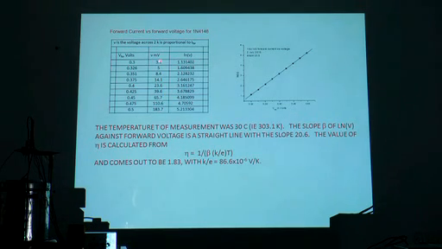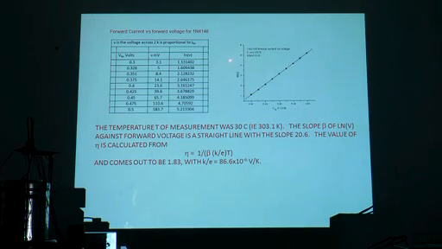I take the natural logarithm of this voltage, logarithm to the base e, and that is in the third column. I plot logarithm of the voltage along the y-axis and the forward voltage along the x-axis. The points lie on a straight line.